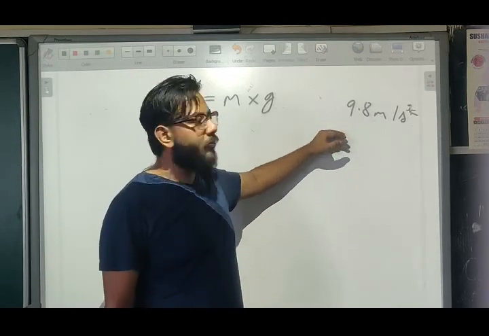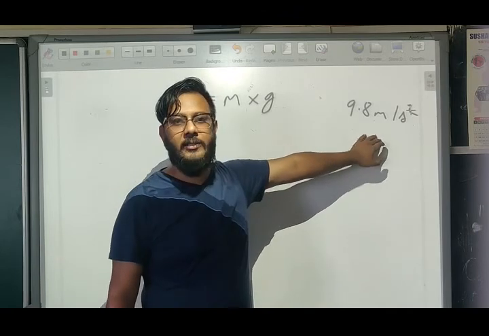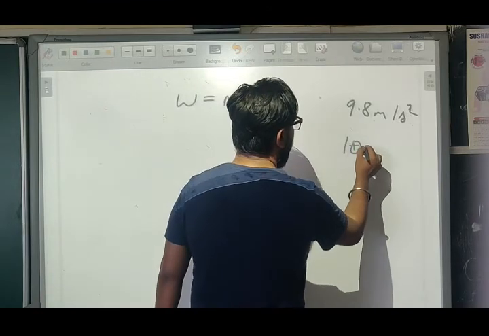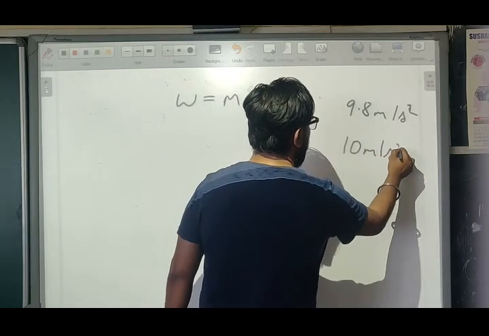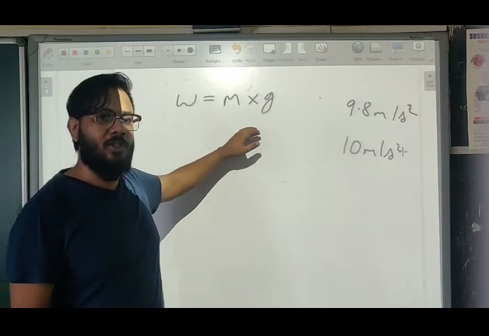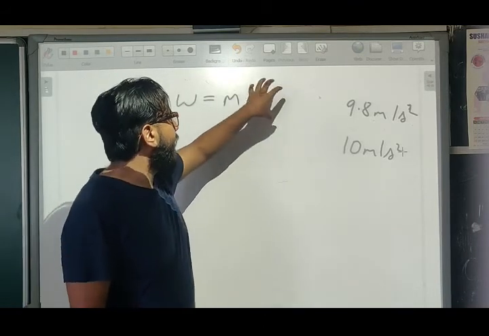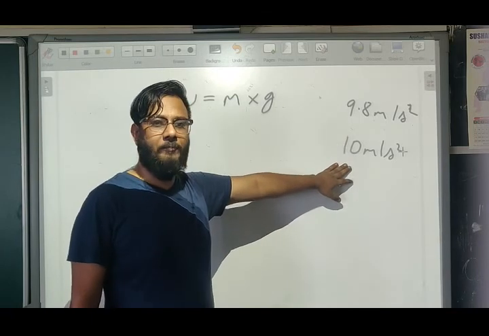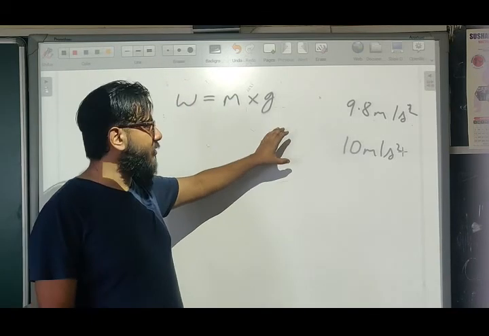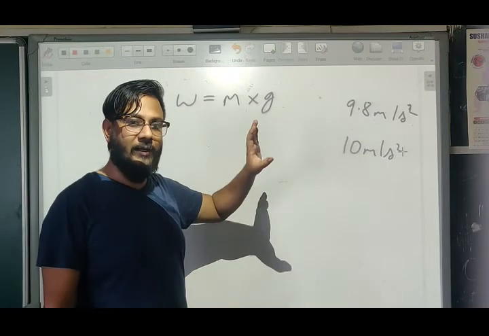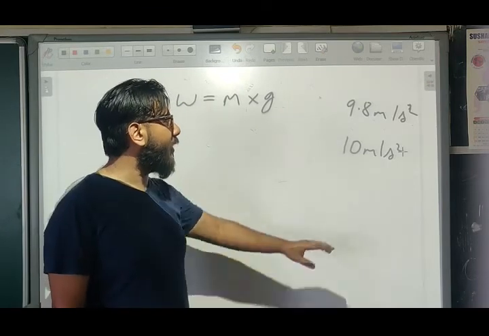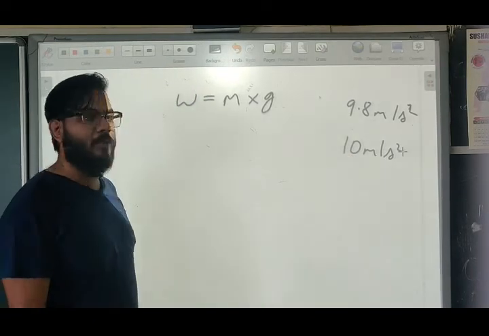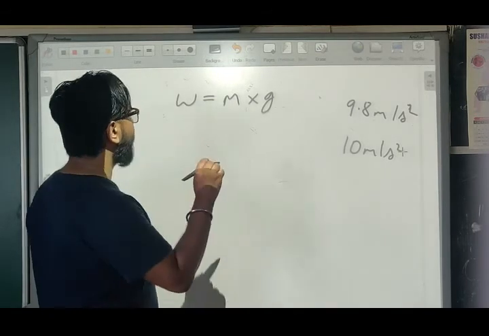We have also discussed that acceleration due to gravity is a fixed value, that is 9.8 meter per second square, or to simplify you can take it as 10 meter per second square. If it is not mentioned in the question to take g as 9.8, then you can take it as 10. If it is mentioned, then you take it as 9.8, but if it is not mentioned anywhere, then just take it as 10 meter per second square. Why? Because calculation becomes easier.